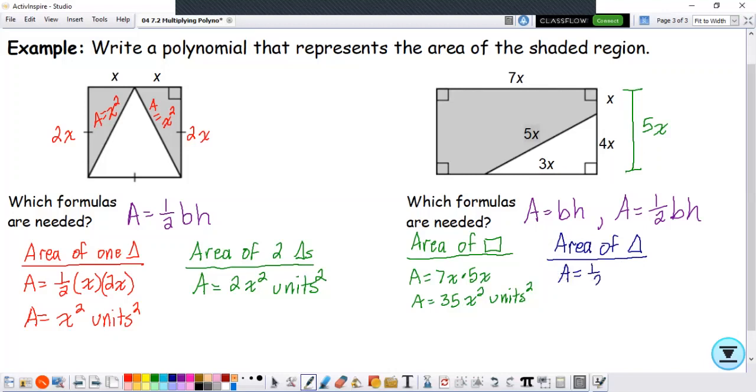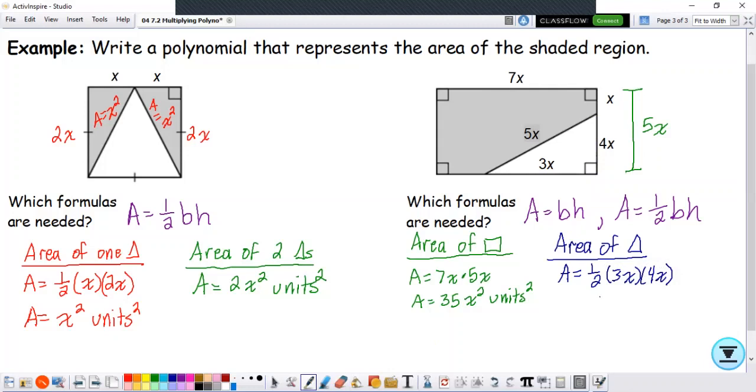So 1/2. The base of my triangle, I'm going to say, is 3x. And the height of my triangle, because it has to be perpendicular to the base, is 4x. And I see I missed my x on my 3x, so I need to do some erasing and put that x there. So we have 1/2 times 3x times 4x, and we can multiply.